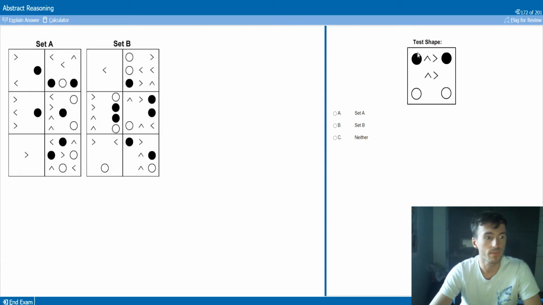Let's see. So we have 2 shaded circles and 2 that face to the left. So that should be... Oh, this might be neither actually. So for set A, when you had 1 black one, it would mean 1 would face to the right.